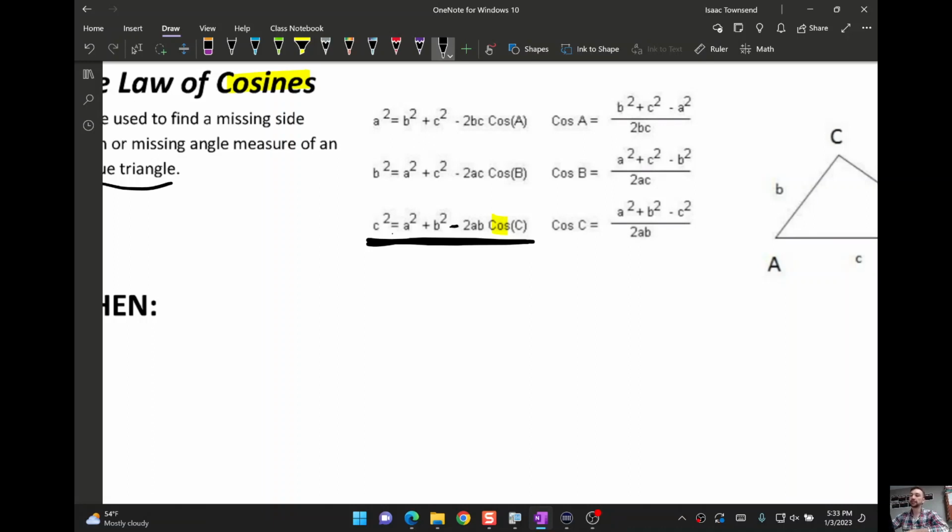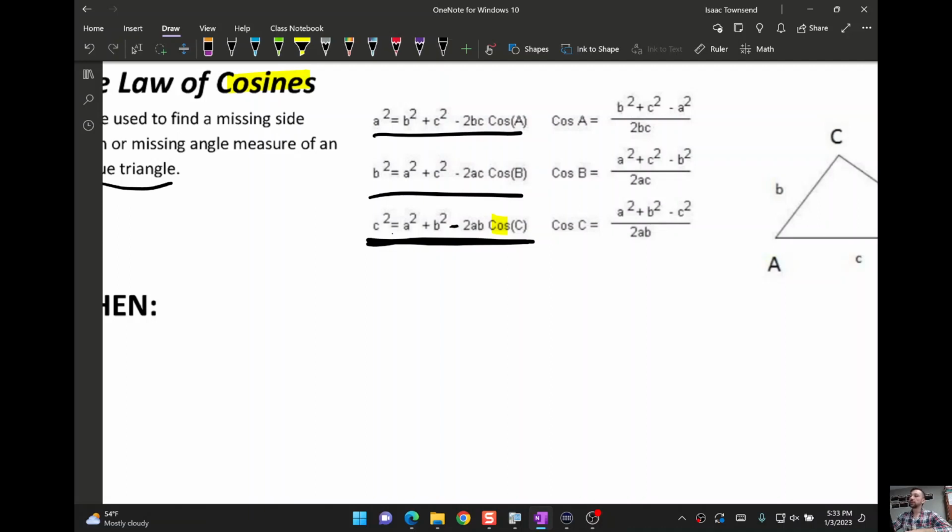Of course, you'd need to take the square root of both sides, but if you have a, b and angle C, then that's ready to go. If you were trying to find side a or side b, then what you're plugging in is a little bit different, but it follows a very similar format. You could solve these and rearrange them for cosine A, cosine B, or cosine C, but we will do that for you.